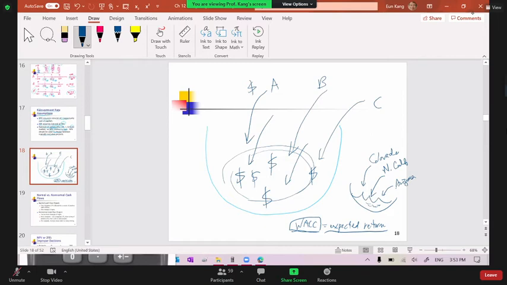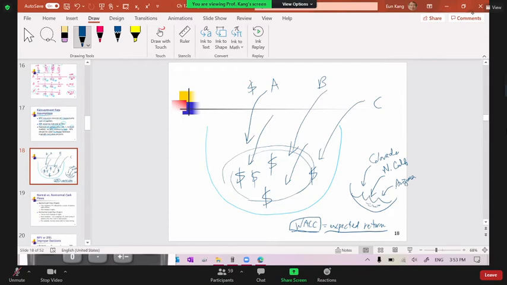But as I said, IRR is different. Some projects' IRR may be 10%. Some projects' IRR can be 20%. Some very, very profitable ones can be 30%. So you cannot apply that huge 30% to all the cash flows. The reasonable assumption is that you reinvest all the cash flows according to your expected return.